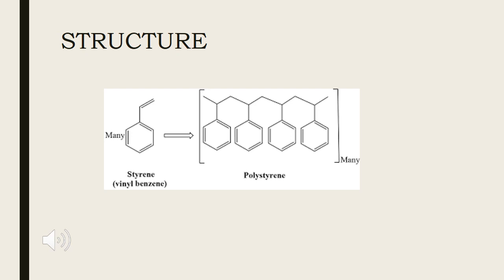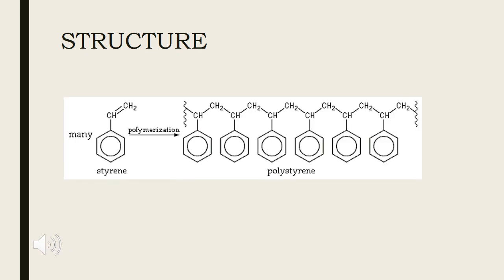Extruded polystyrene is about as strong as an unalloyed aluminum but much more flexible and much less dense. Density of polystyrene is 1.05 gram per cubic centimeter, whereas density of aluminum is 2.7 gram per cubic centimeter. Polystyrene results when styrene monomers interconnect or polymerize.